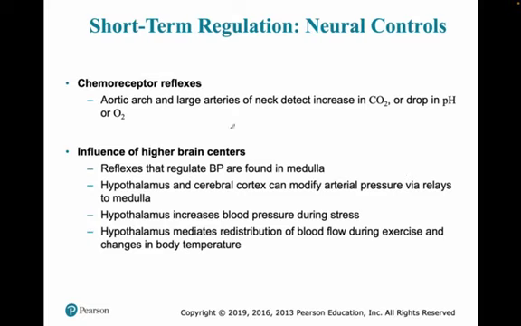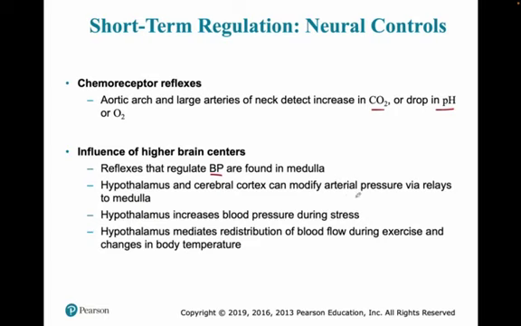Other than that, a couple of other things can also have an impact. For example, if you have a high amount of carbon dioxide, or pH has dropped, like your blood is too acidic, then that will also impact blood pressure and blood flow. Higher blood pressure centers, the reflexes that generate BP, are found in the medulla, so they will be impacted.